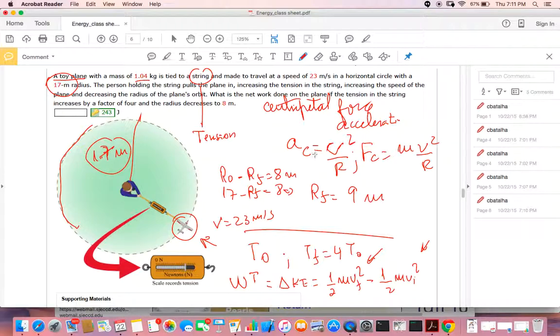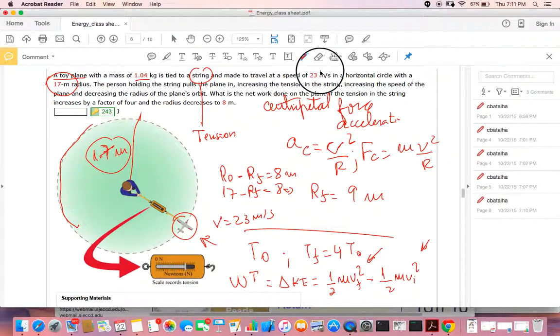But the centripetal acceleration is given by the speed squared over r. So you know the initial speed is 23 meters per second. Okay, and then you can use, what do we need to find, by the way? Oh, what is the net work? We want to find the net work.